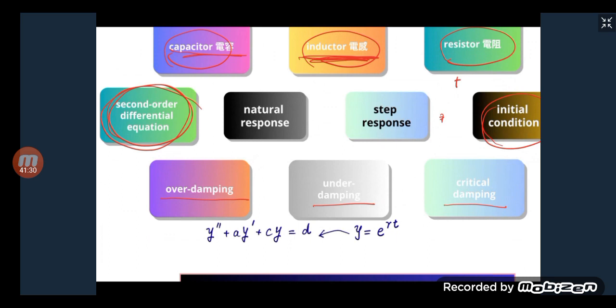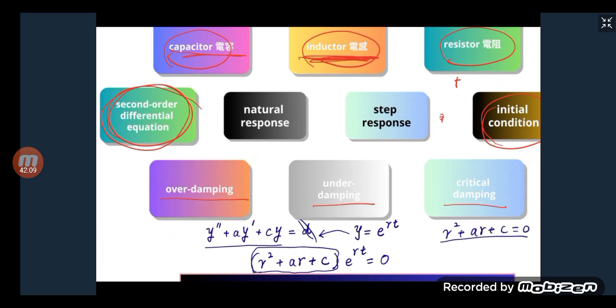So we substitute into this equation, and you can find gamma squared plus a gamma plus c is 0 if we would like to find the homogeneous solution, right? Okay, so here we have a polynomial of second order, and we set it to 0.